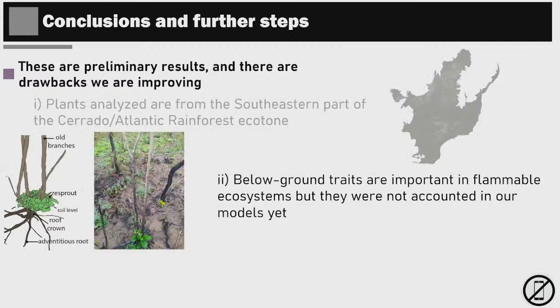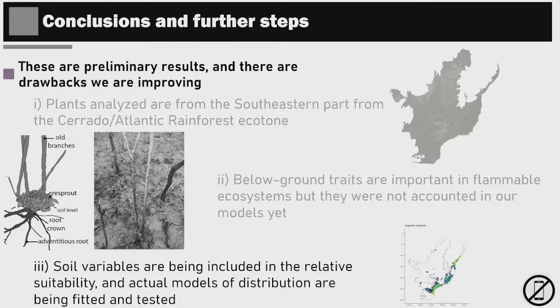We only consider the above ground protection of the species against fire, but we do know that below ground traits are incredibly important for species in flammable ecosystems, but we did not count these traits in our models yet, so we are digging some stuff so we can address the potential of resprouting from below ground of these different species across these two different realms.